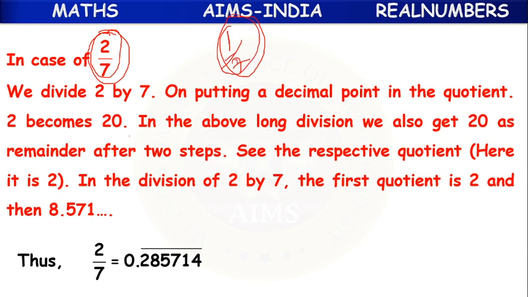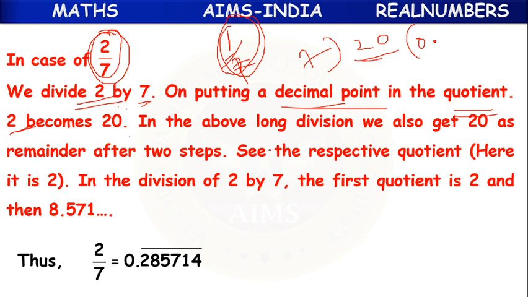Actually, we have to divide 2 with 7. Or if we take a decimal point in the quotient, it will become 20. Means in the long division, we have to see where the 20 is. By that we can find out the value.